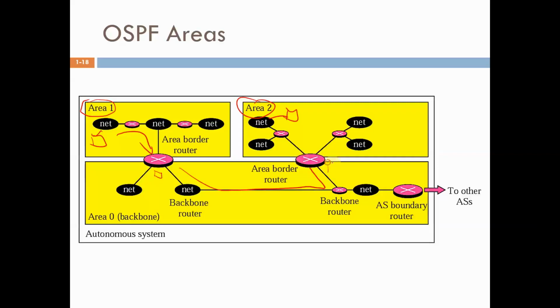And then the packet is forwarded to the second area border router. And then this area border router will find an optimum path to the final destination, also using Dijkstra's algorithm. So Dijkstra is optimum in area 1, optimum in area 2, optimum in area 0, but there is no Dijkstra's algorithm running across areas. So what this does is that it achieves a compromise.